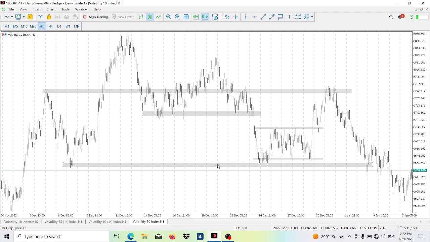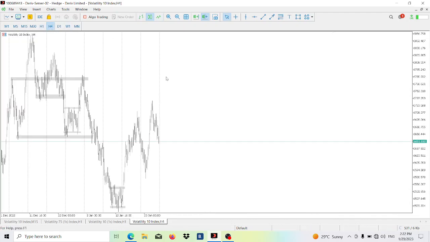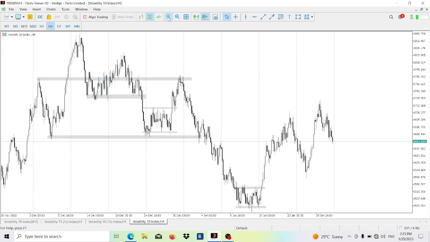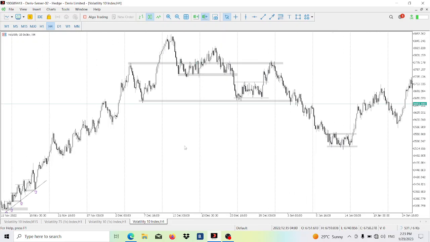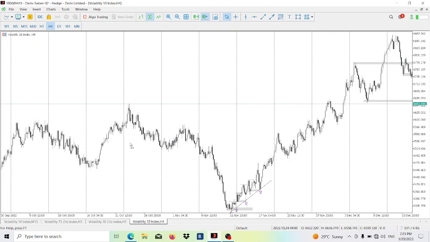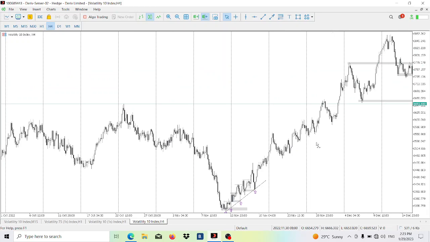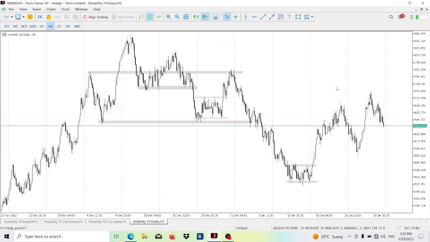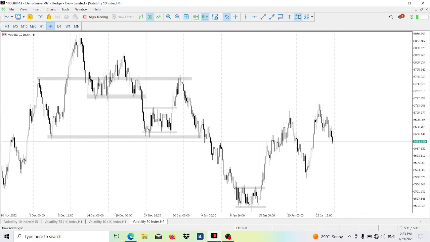Here you can see that it's been buying, now it's selling. You can clearly see that. It turned back to an order block and started selling from there.